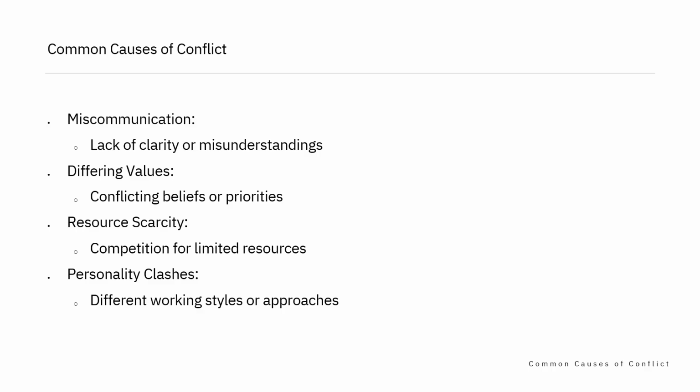Now that we know the types of conflict, as well as who conflict can occur between, let's look at the common causes of conflict. So what is actually making us have a conflict? What's causing us to have an issue between our organization members, etc.? The 4 main common causes are going to include miscommunication, a differing of values, resource scarcity, or personality clashes.